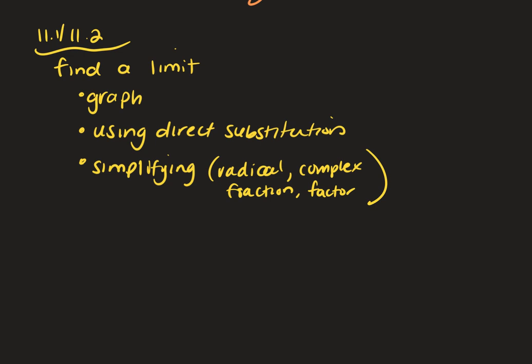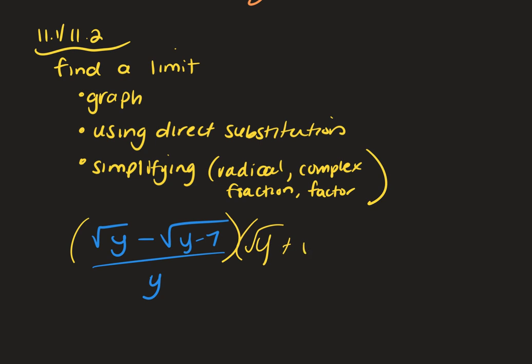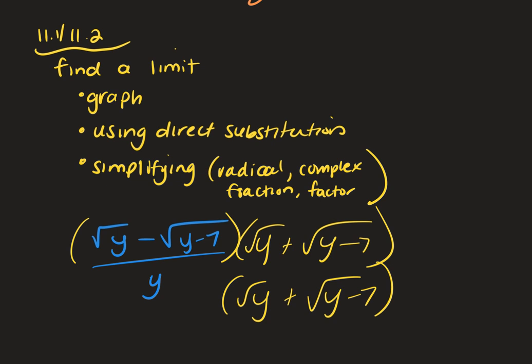The ones that had square roots, like you had something in your homework, like square root y minus square root y minus 7 over y, as y approaches 0. This is the case where we would multiply both by the opposite of what was there. This is a bad example because you can't use 0 at the end, but you get it.